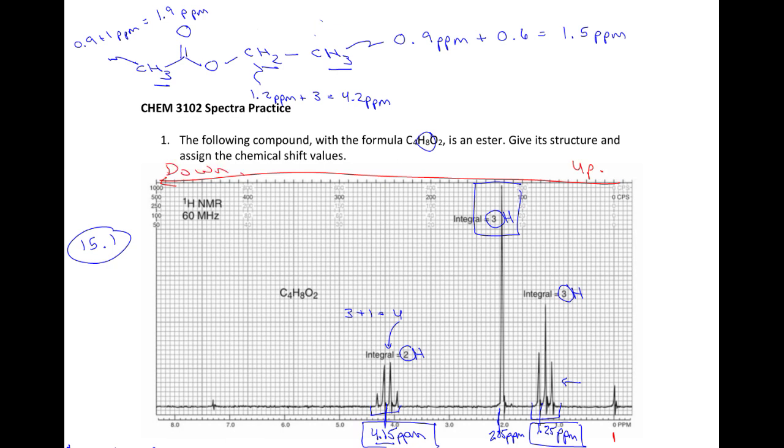We label each series of peaks with a letter of the alphabet. So the triplet, we'll label that A, the singlet will be B, and then the quartet will be C. If we had more peaks, we would label them D, E, F, and so on.